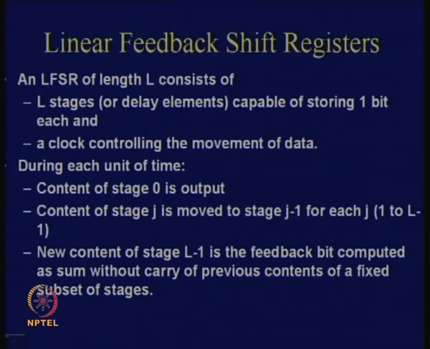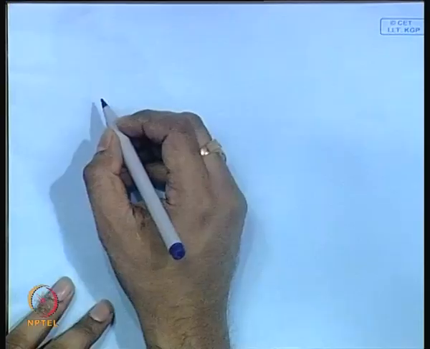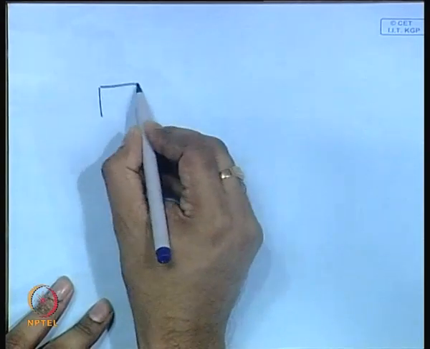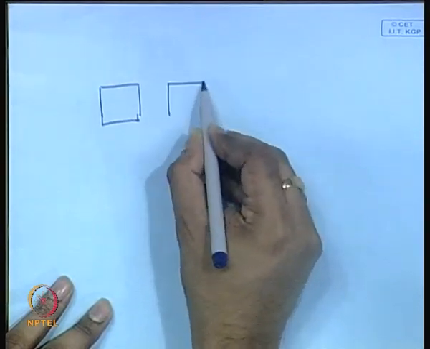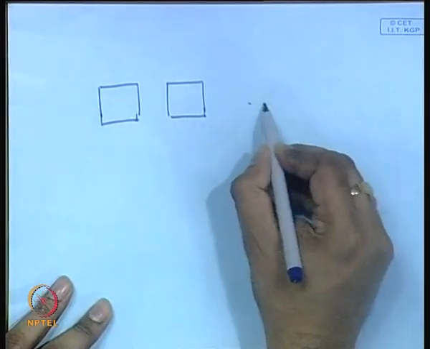Apart from that, there is a term called feedback. There has to be some feedback at some place, right? In case of an LFSR, you have this structure, an array of cells.